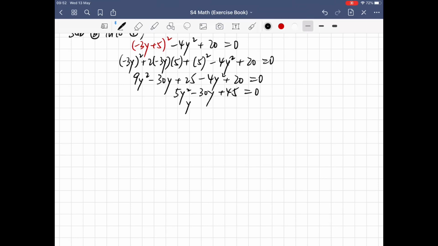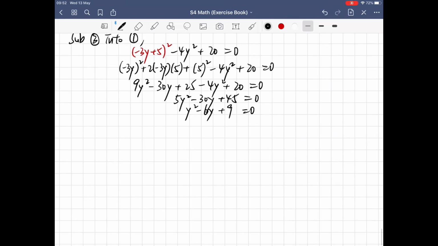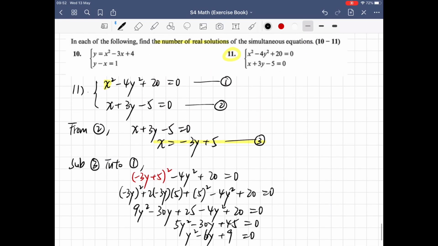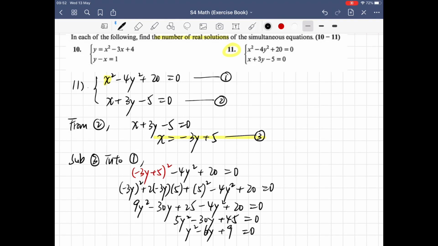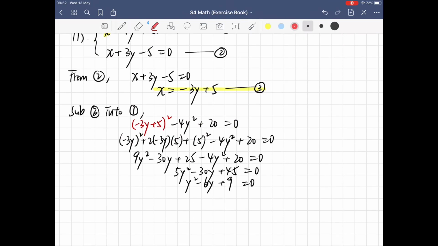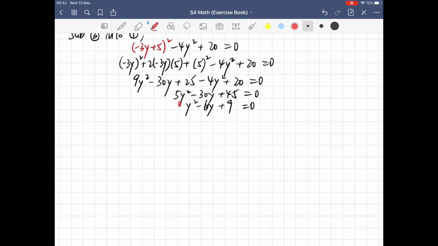And finally, we have y squared minus 6y plus 9 equal to 0, so that we get a quadratic equation. But be careful, back to the question. The question is asking you the number of real solutions instead of asking you to solve it. So in this question, we have two ways to do it.